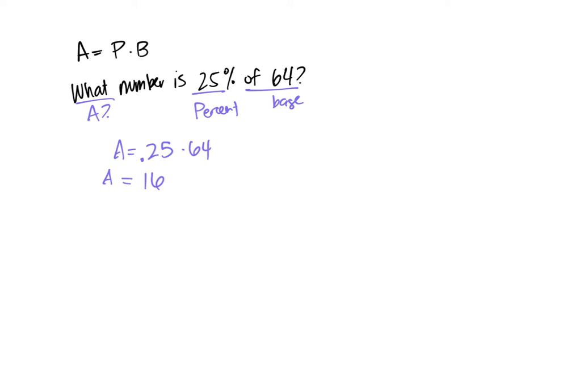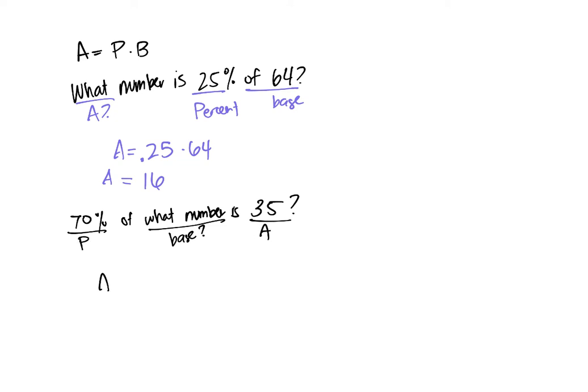If you were to be asked 70% of what number is 35? Notice that of what number, the thing that follows "of" is unknown. So my base is actually what we're looking for. 35 is the amount, and then 70 is going to be our percent.